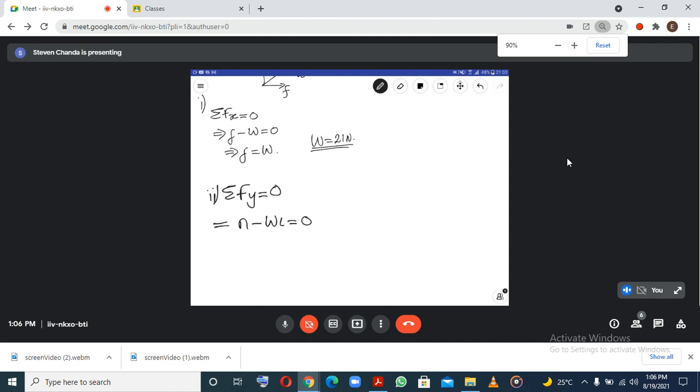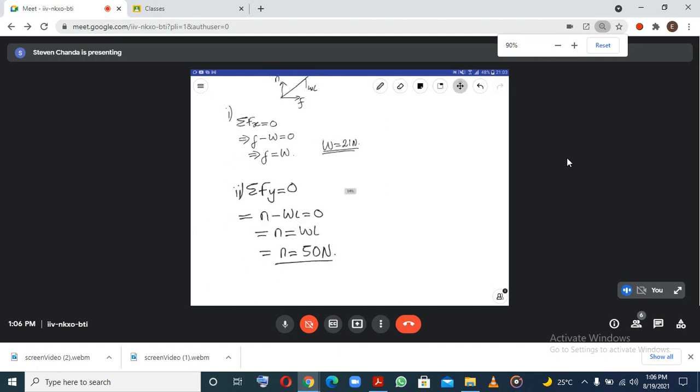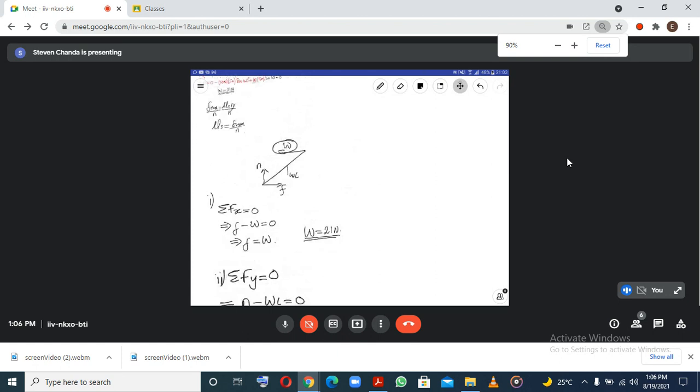And we know the normal is supposed to be equal to the weight of the ladder. The weight of the ladder was 50 newtons. So meaning our normal is 50 newtons.